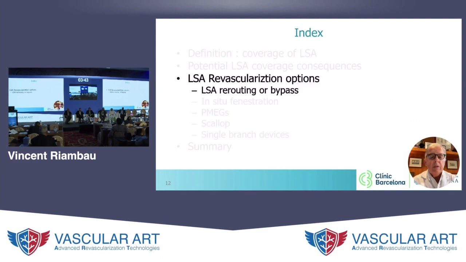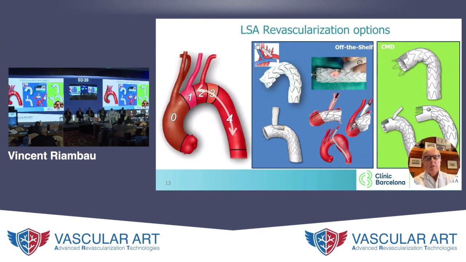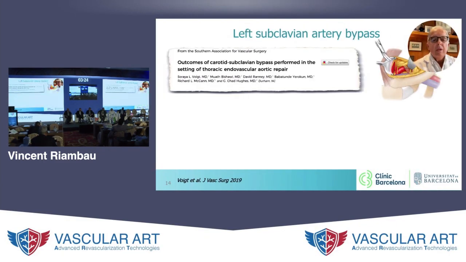You have different kinds of options. You have off-the-shelf options as well as custom-made options in order to maintain the left subclavian artery revascularization, or maintain the patency of the left subclavian artery.